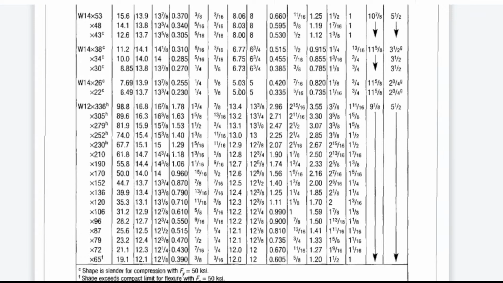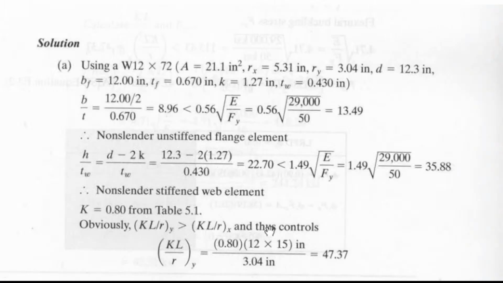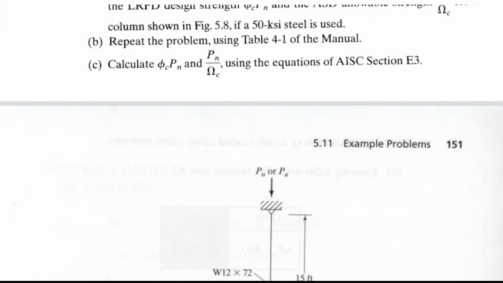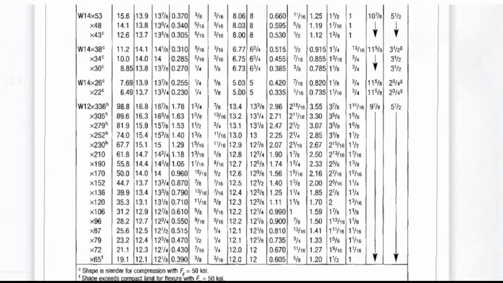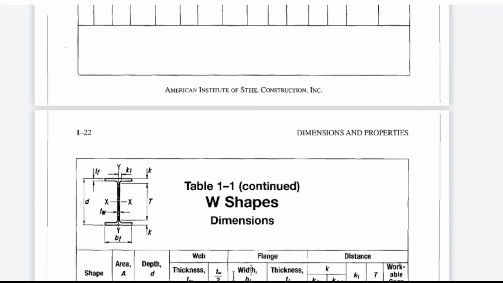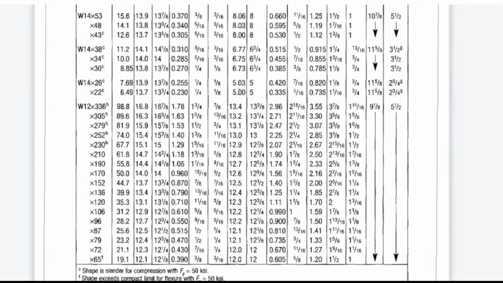What we need to get from the table are area, rx, ry, and d. Okay, let's get that information. Area and d are 21.1 and 12.3.